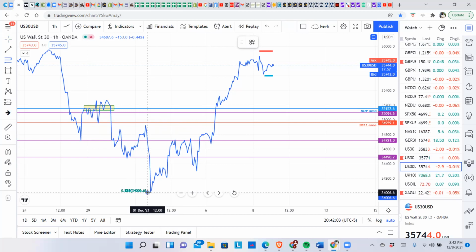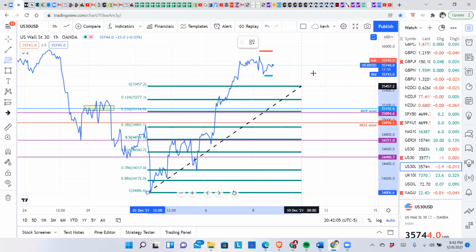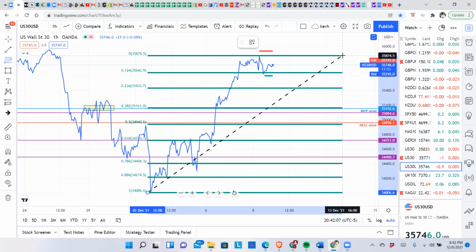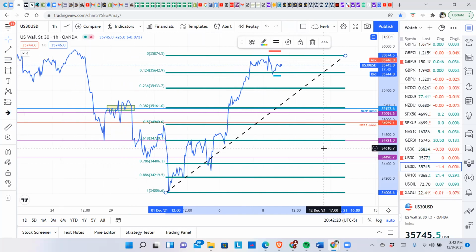Then drag it all the way to the highest point, right there. That's how you place your Fibonacci tool when the market is going up, all right?